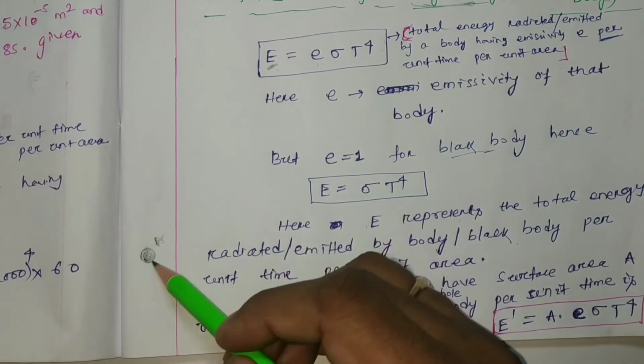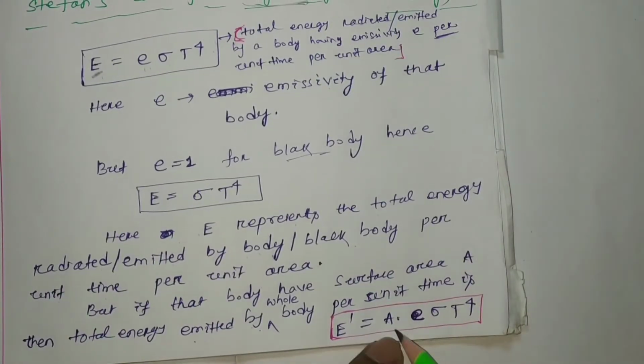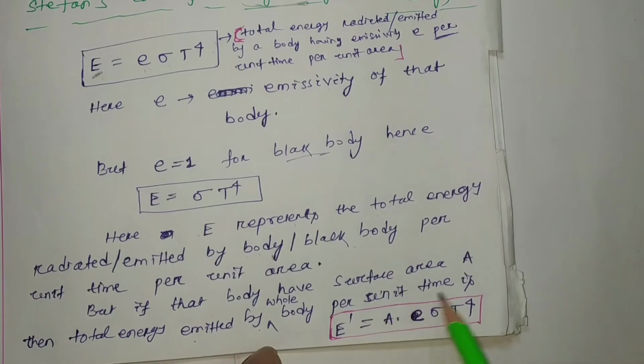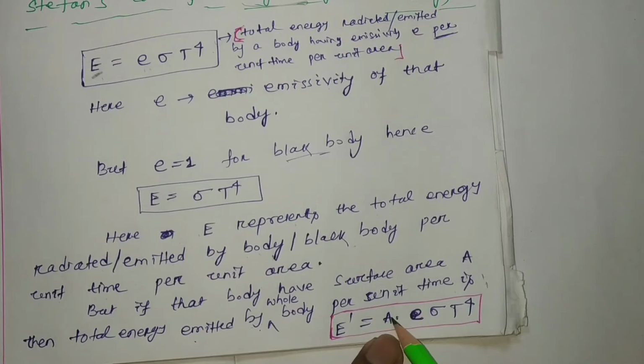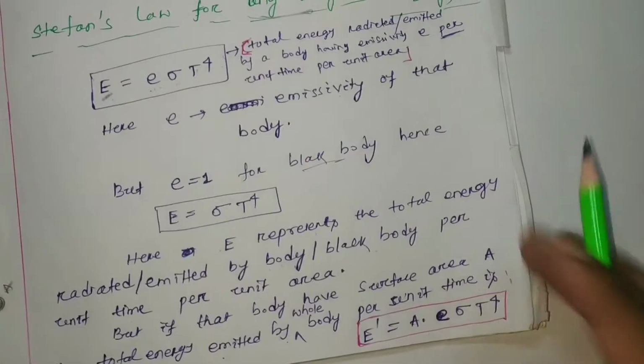But if we consider total area, the energy radiated is multiplied by A. Simple. So the energy emitted by the whole body per unit time, let this be represented by E dash, will be E dash equal to area of that body into e sigma T to the power 4.